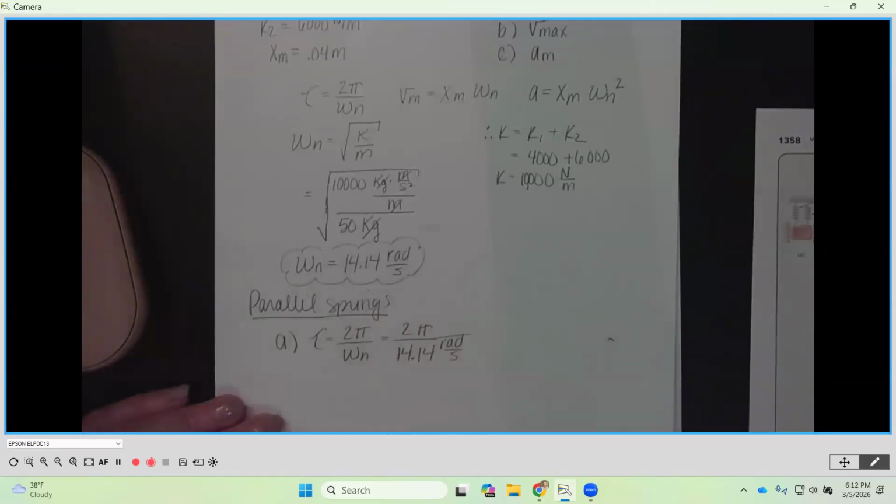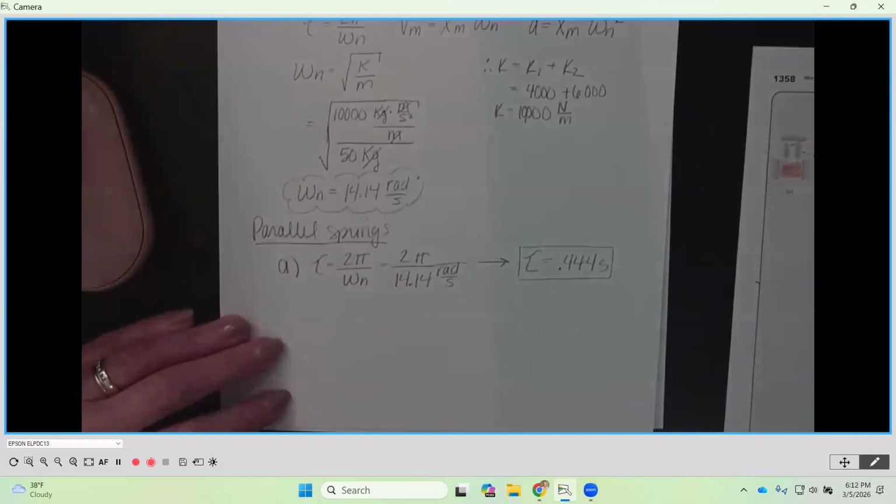I'm just going to add the units in there so we can see how this works out. That means that our tau, the period to complete one cycle, is going to be, what do we get? You get 0.444 seconds. Yep. Thank you, Nia. Excellent.